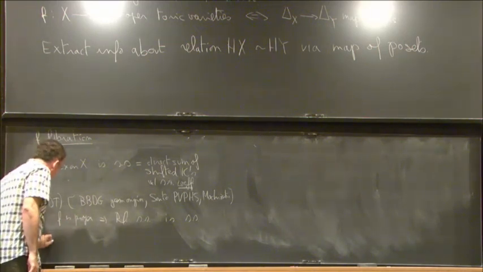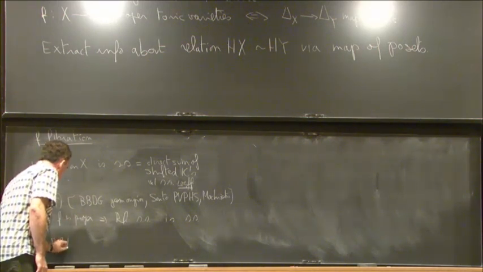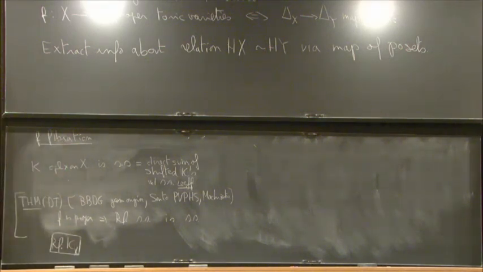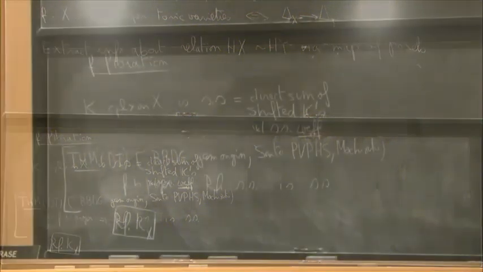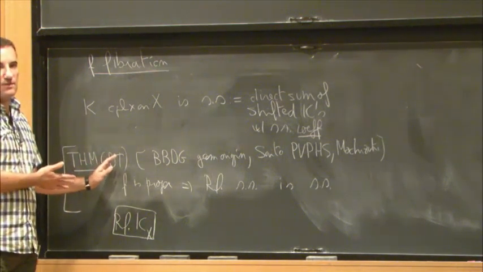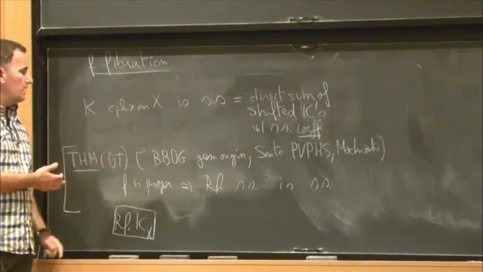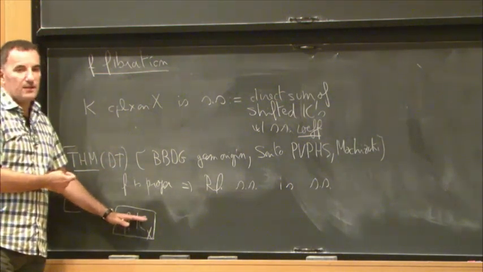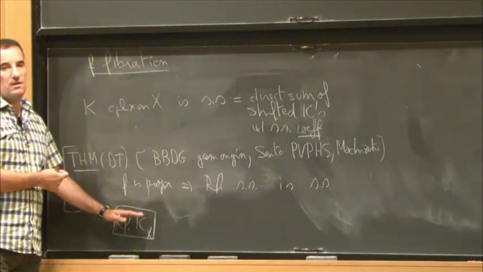So for proper toric varieties, we want to ask, what are the pieces of this? One of the remarkable consequences of this theorem is that this complex is understood.